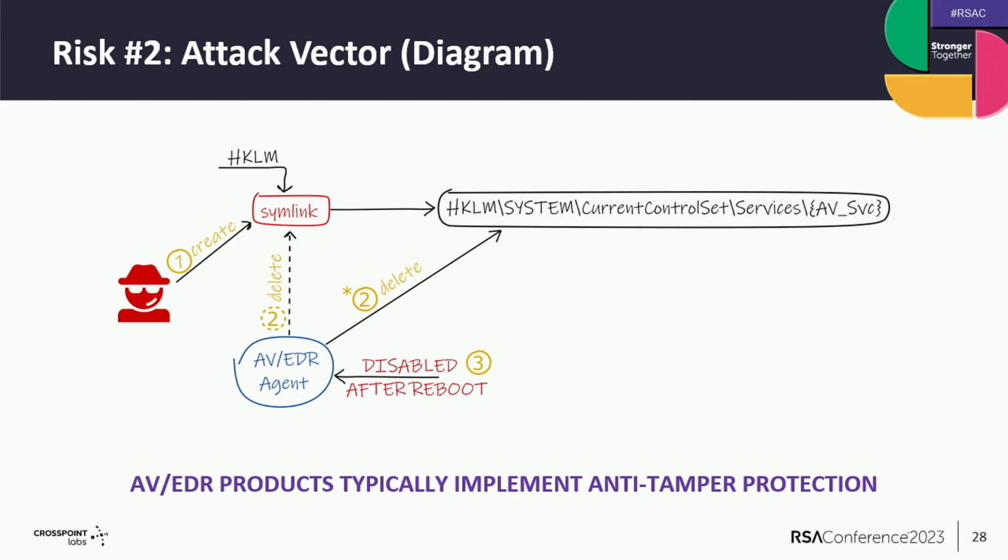And that will succeed because the anti-tamper protection is not enforced on the AV process itself. And once this has been deleted, once you reboot the system, Windows will not have information on how to run the AV service, which means you are able to disable the AV or the EDR on the system that way.